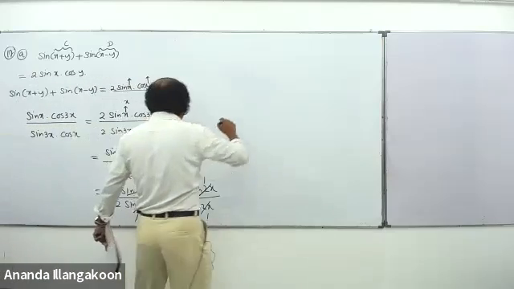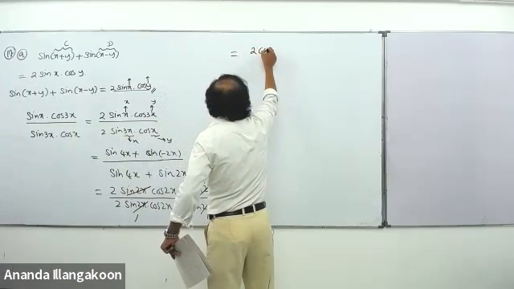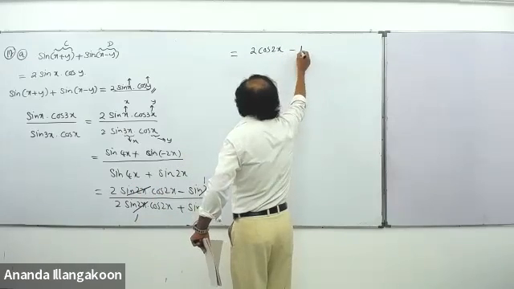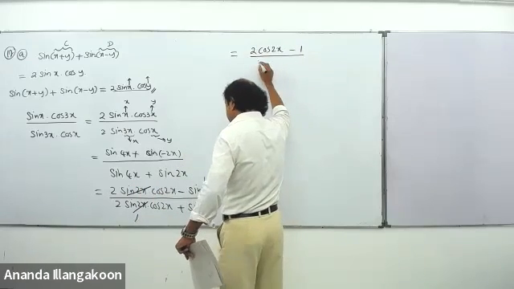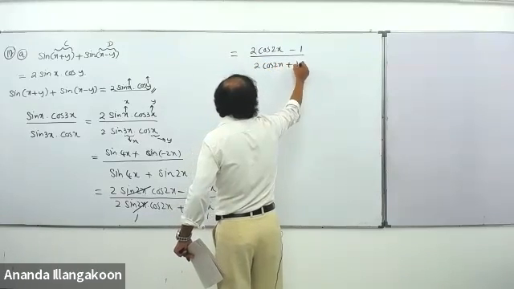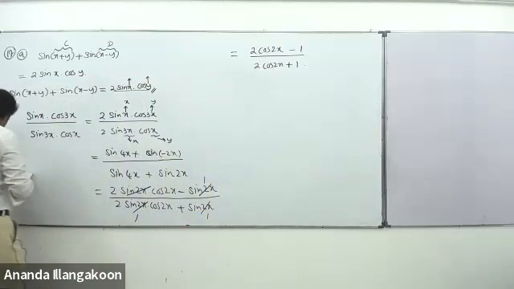Then we get the right hand side 2 cos 2x minus 1 divided by 2 cos 2x plus 1. Right. This is this left hand side now.